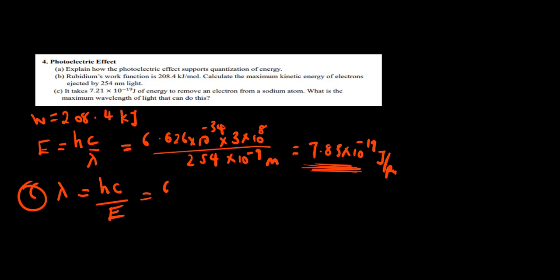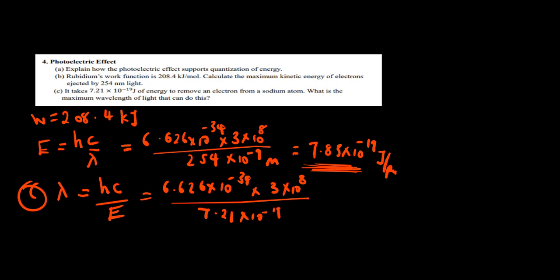Planck's constant is 6.626 multiplied by 10 to the power negative 34, multiplied by the speed of light, 3 times 10 to the power 8, divided by the energy. The energy is already in joules, so just replace it there: 7.21 times 10 to the power negative 19 joules.